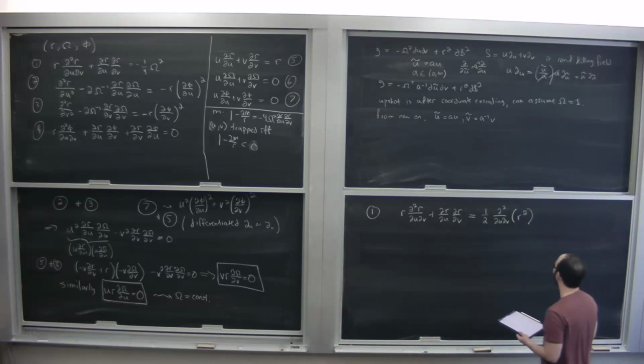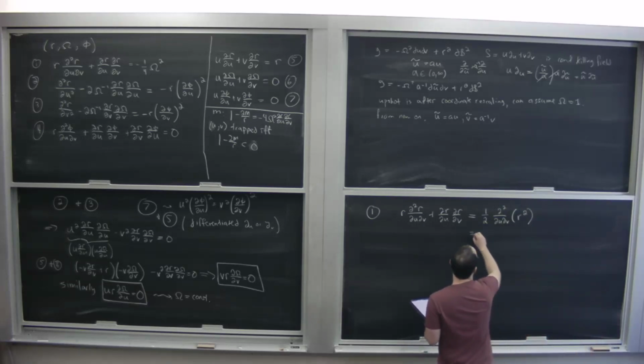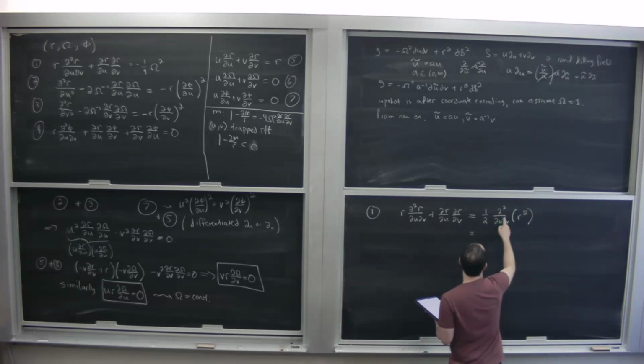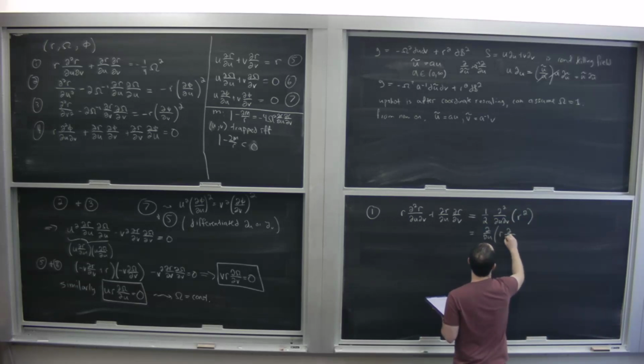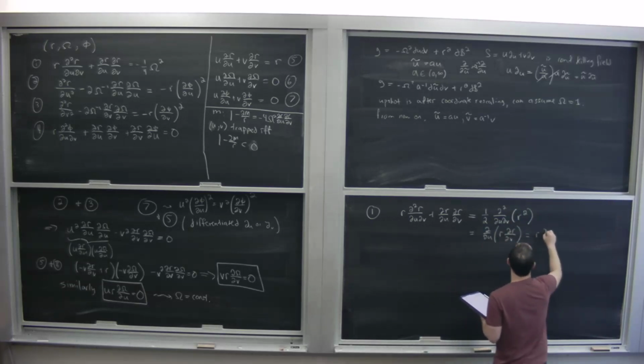All right, let's maybe check that. If I do one derivative, I get du dv of r dv dr. All right, this looks promising.